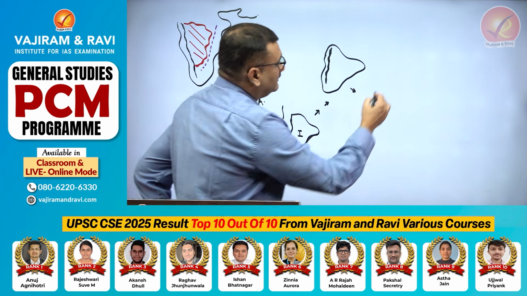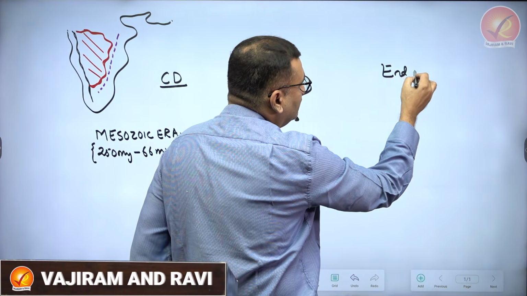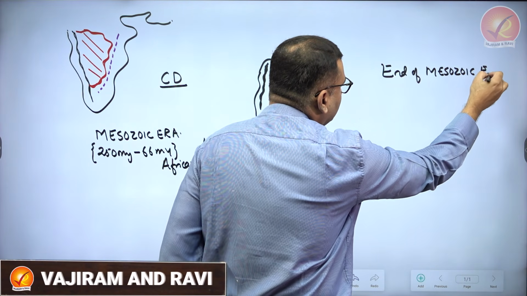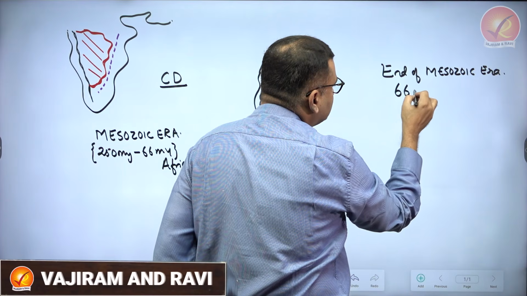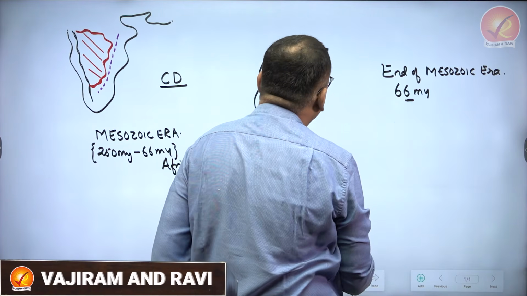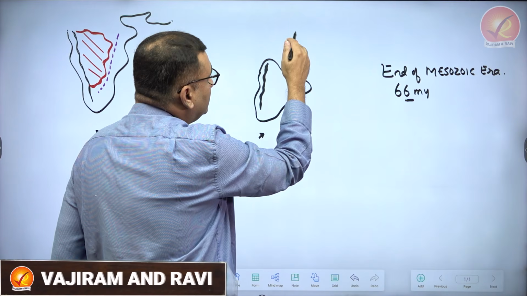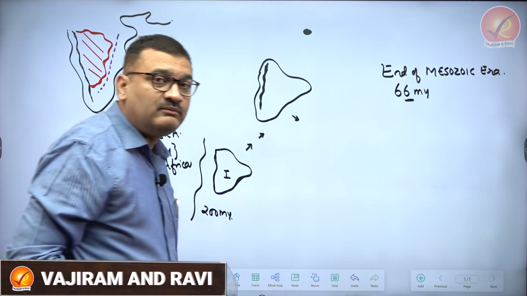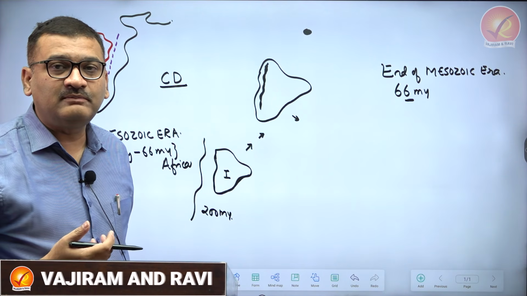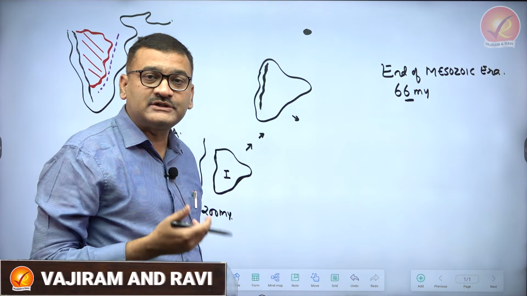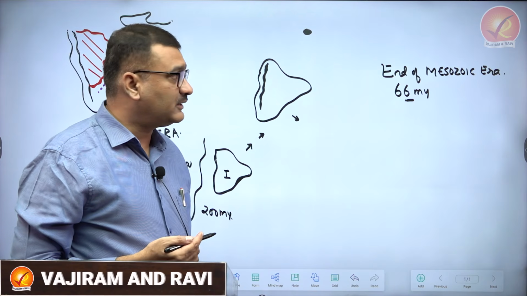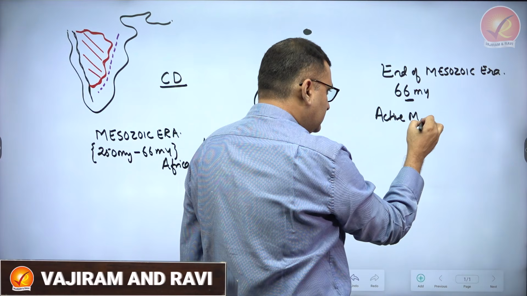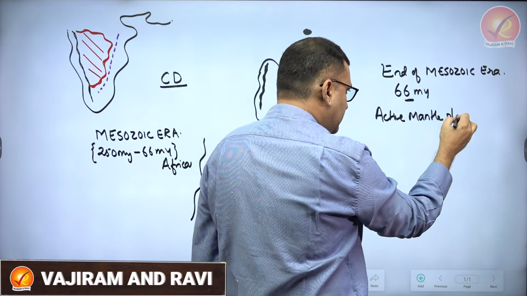By the end of the Mesozoic era, 66 million years before present, when India was traveling further, this Indian landmass came over one active mantle plume. Now, what is a mantle plume? This is something like a thermal convection that is coming from the deep interior of the earth.